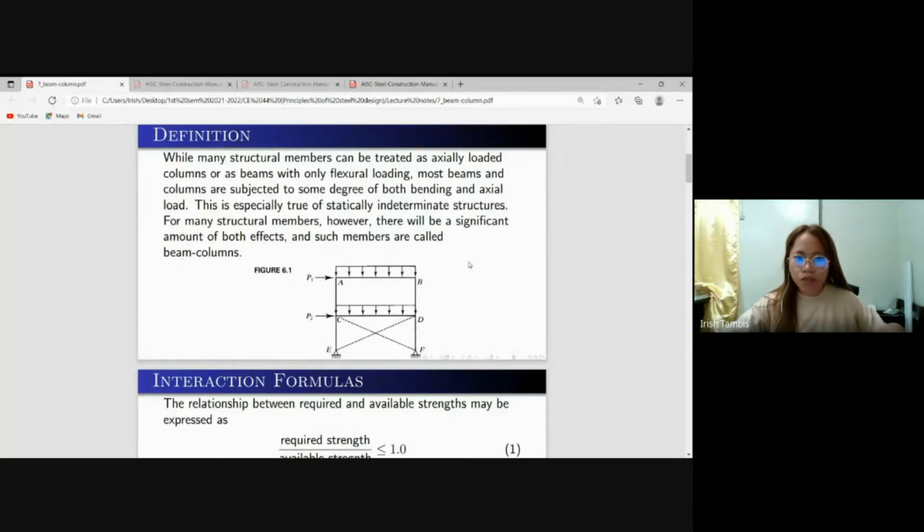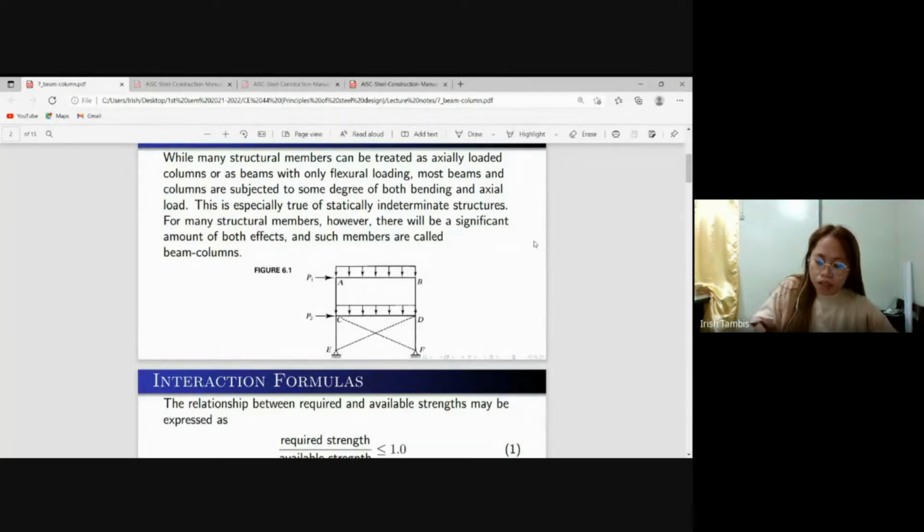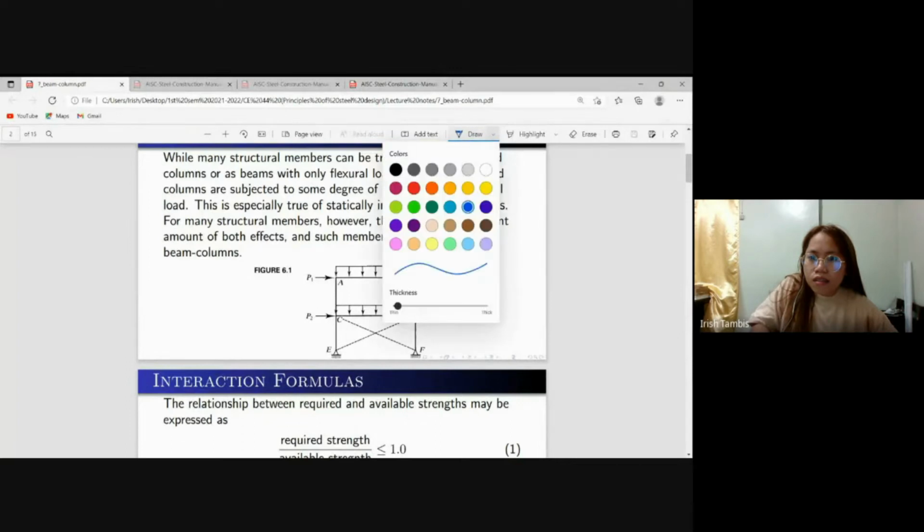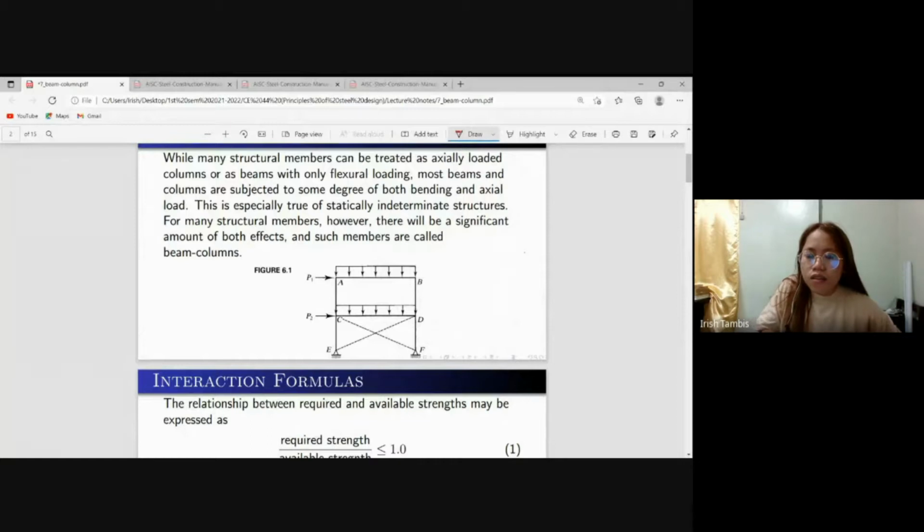beam columns. For example, this figure here, you have the frame, no?